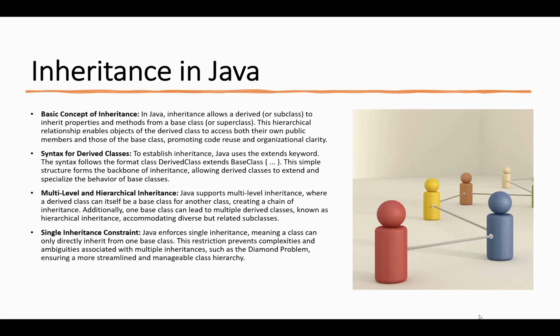So, inheritance in Java is a mechanism that promotes code efficiency, reusability, and a clear hierarchical structure. It allows for the creation of specialized classes without the need to replicate code, leading to a more organized and maintainable code base. Understanding these inheritance scenarios is crucial for effective object-oriented programming and design.